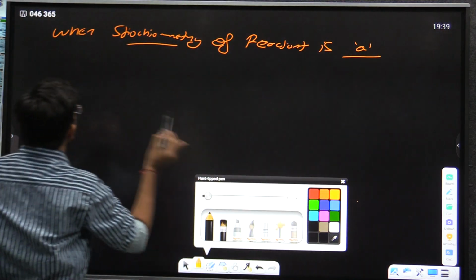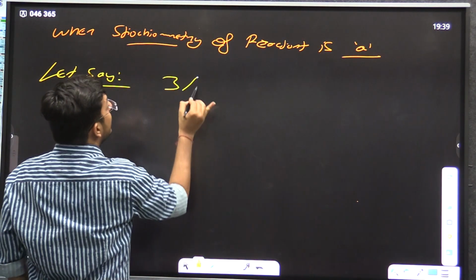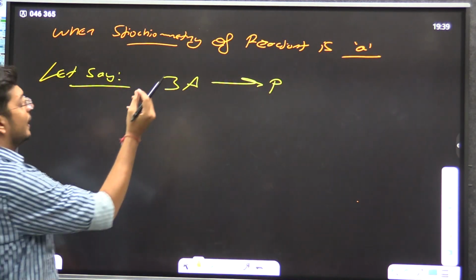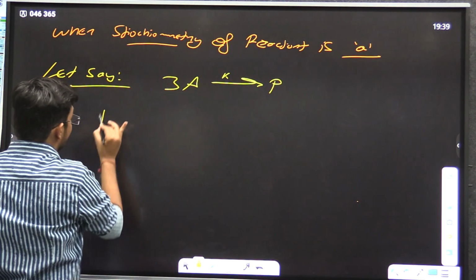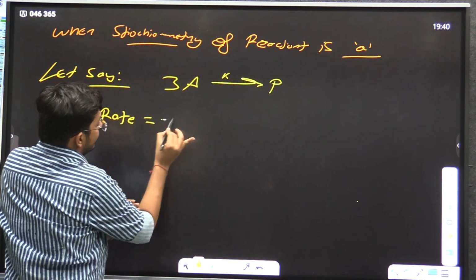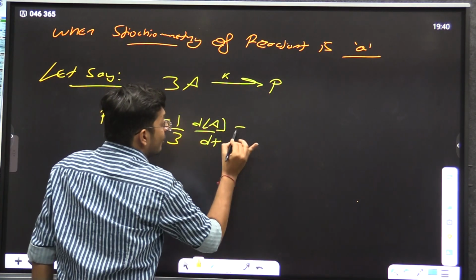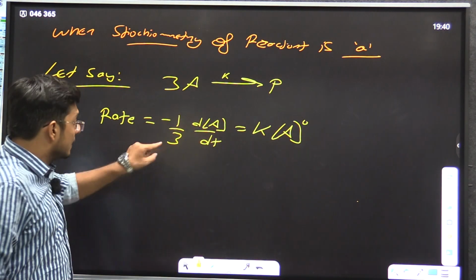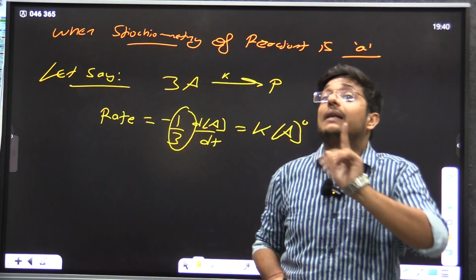Let's say, just I am taking an example. Let's say now we have 3A changing to product B. This is 3A changes to product B. Fine. And in this case, when we need to write the expression, the rate is minus 1 by 3 dA by dt, which is equal to K A to the power 0. My dear, now this 1 by 3 will change the integration data.